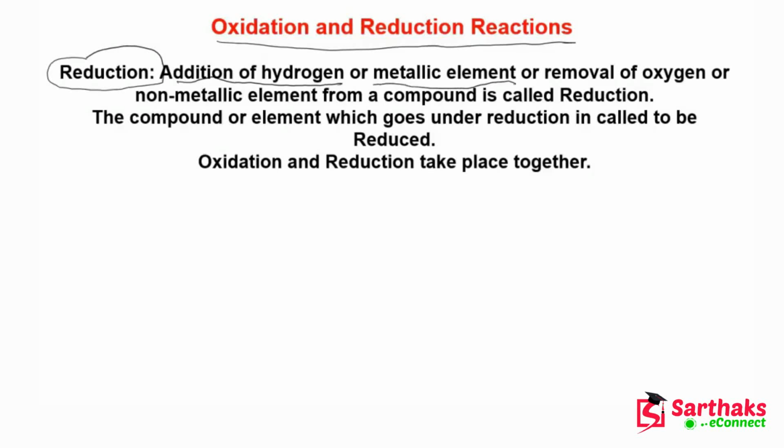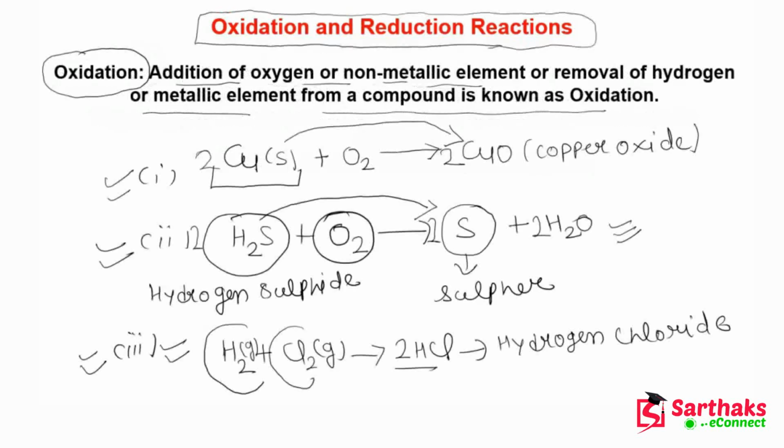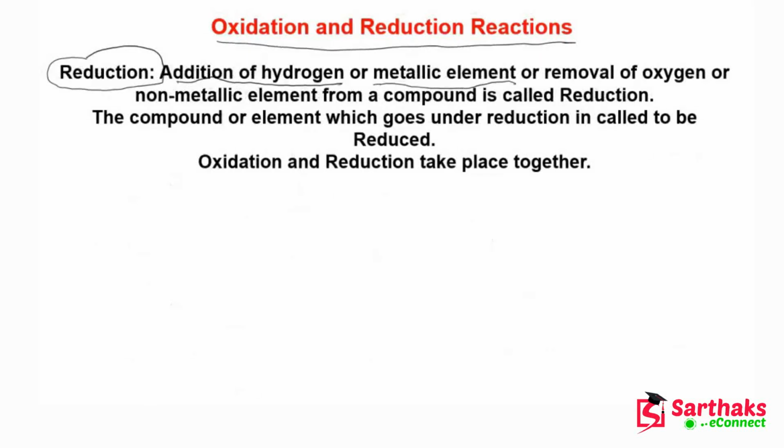Addition of metallic element is what? It is also reduction. Here you can see that addition of non-metallic element is oxidation. But if you change this non-metallic element to a metallic element, or you can say if a metallic element is added, then you will say there is a reduction.